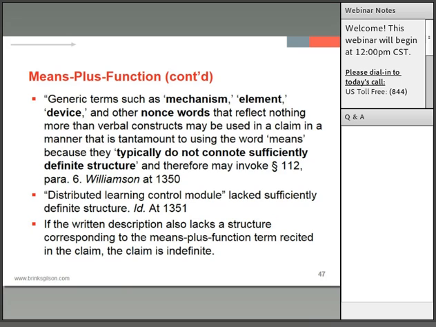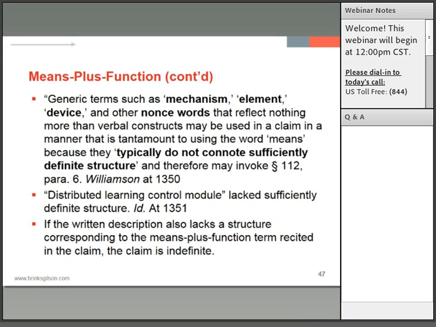So by replacing the word means with element, member, device, you get out of the presumption, but if that's all you do, the examiner will still treat it as a means plus function claim, most likely.